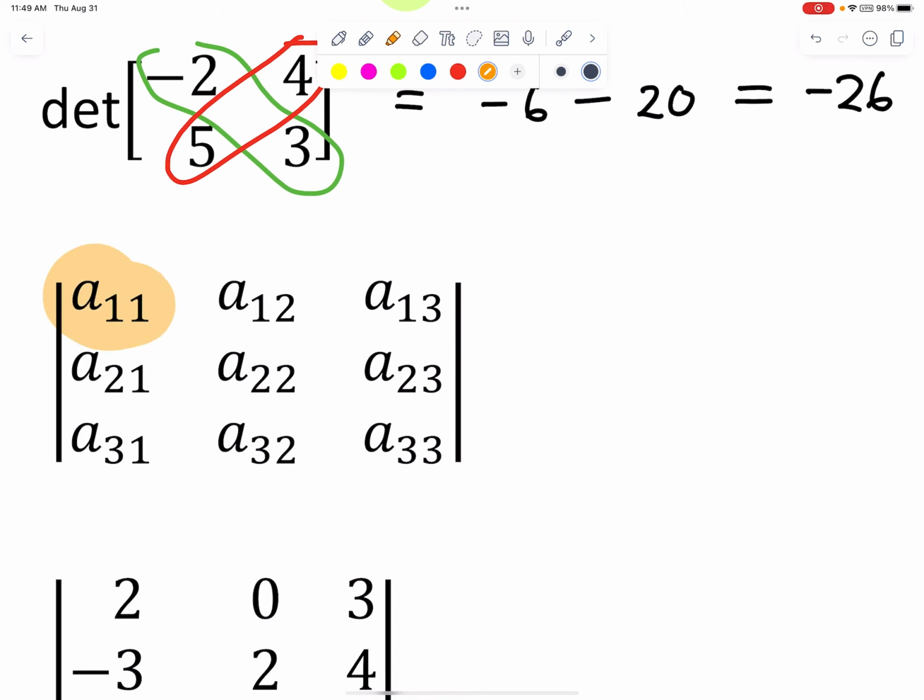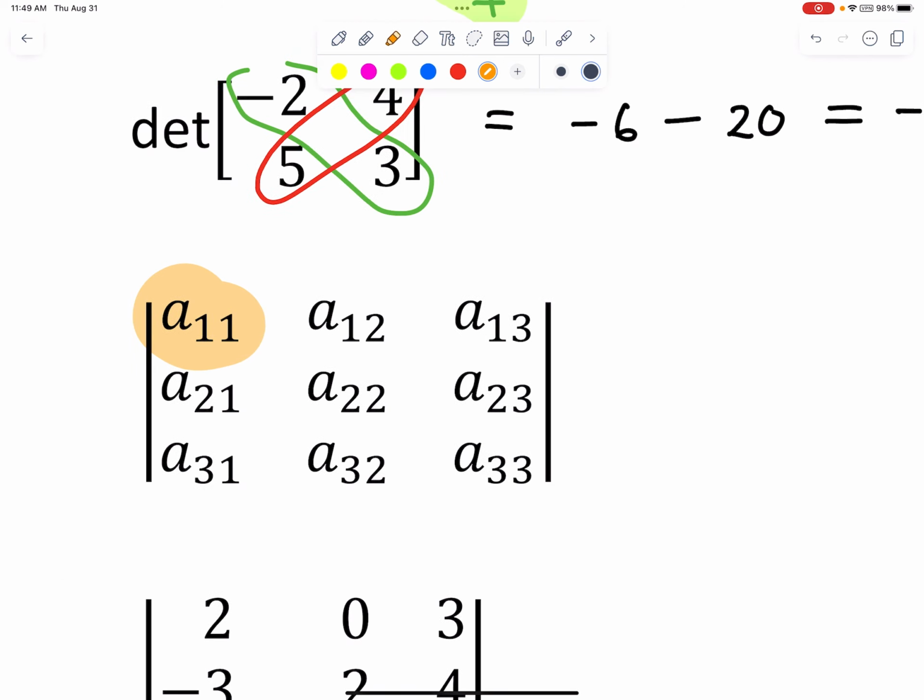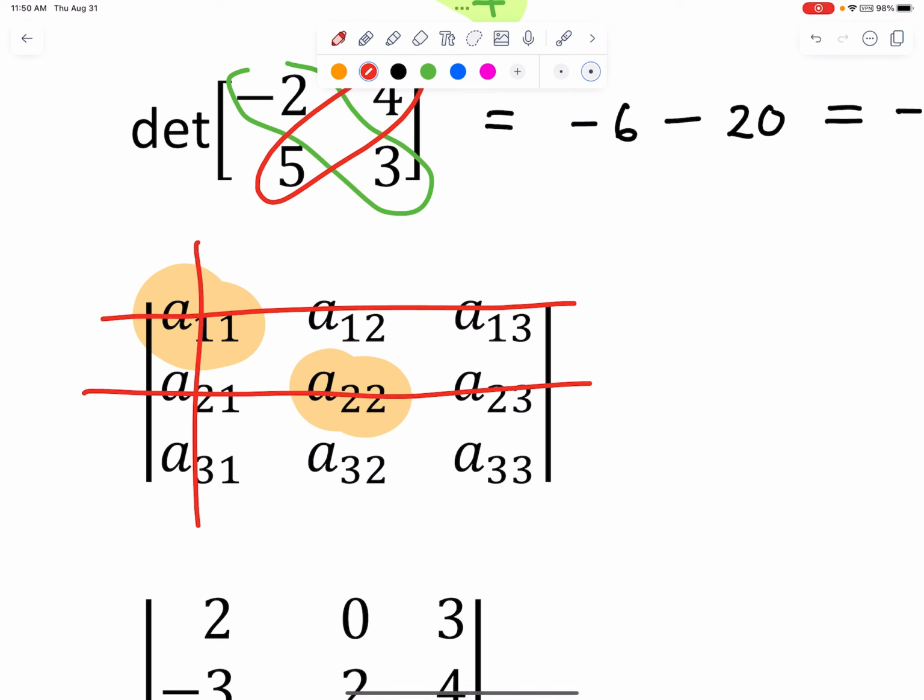Let's do the first one, which is going to involve the A11. Let's go to the second column, and I have to pick an entry that's not in the same row or column as the first one I've picked. So A22 is an option. And then the third entry that I must pick must not be in the same row or column of any of the entries that I've already included. What this means is that this row and this column are no longer allowed to be used, and neither is this row or this column.